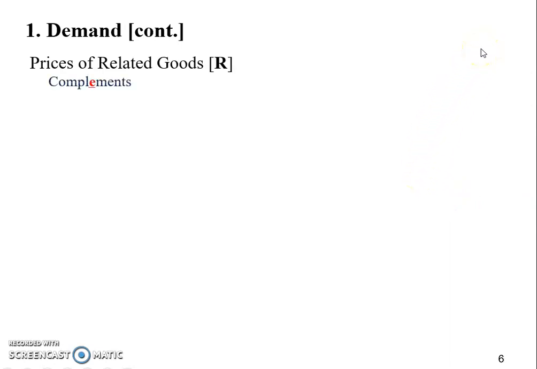Okay. Now, complements means the two goods A and B will be consumed together. All right. In other words, people need both A and B. Okay. The example could be car and gasoline, right?